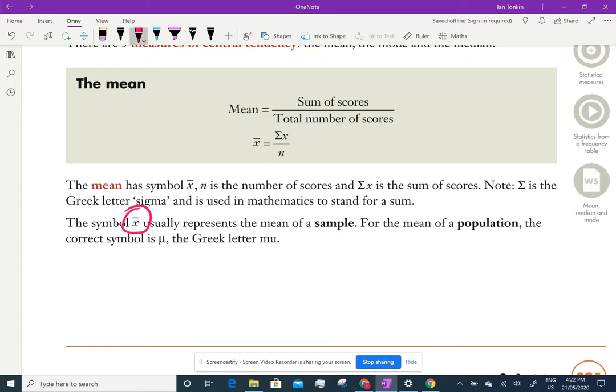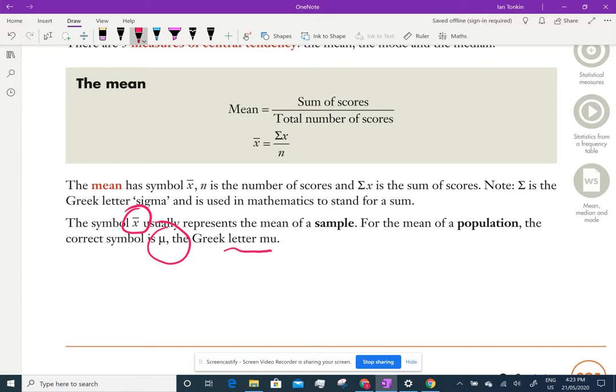When we want the population, we use Greek letters, and that is the Greek letter mu, and that is the population mean. Now, I'm not going to spend too much time on it, but I just wanted to note that at this time.